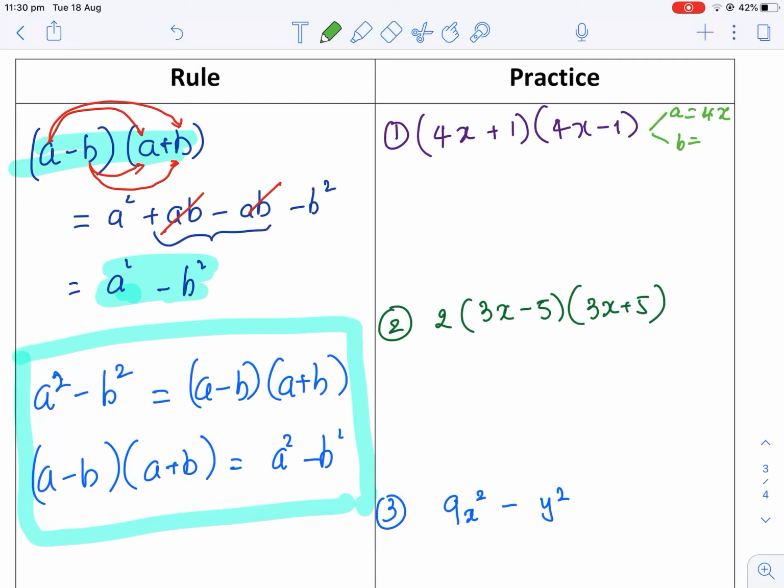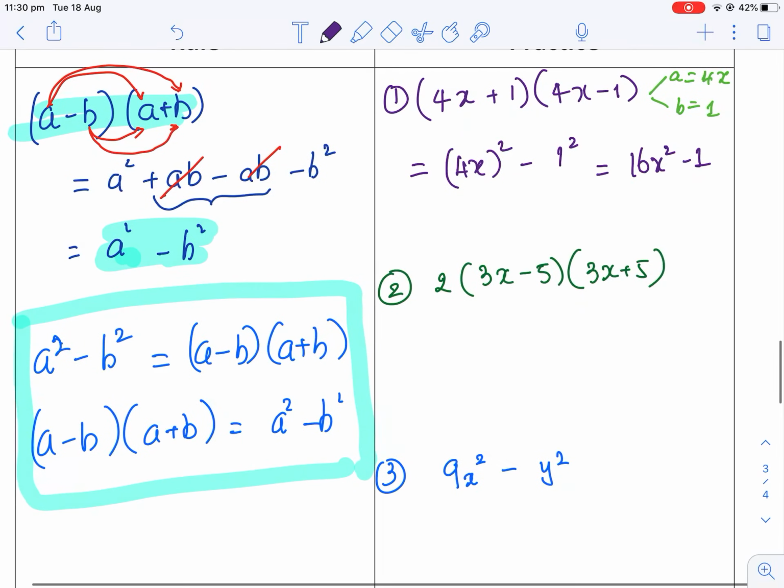A is 4x here, and B is 1. So my final answer is A squared take away B squared, which is 4x squared take away 1 squared, which is 16x squared take away 1. Done. You already expanded the bracket using the difference of two perfect squares.